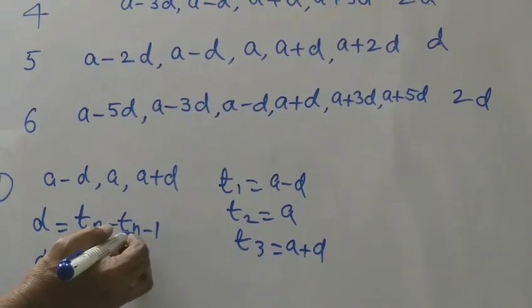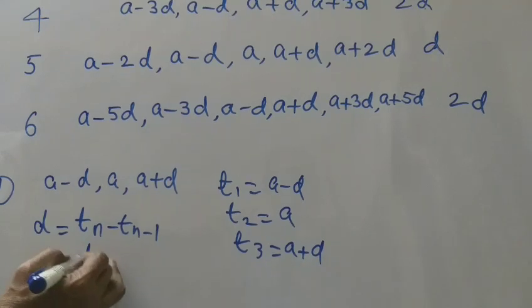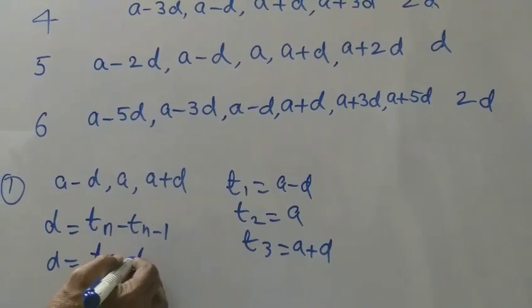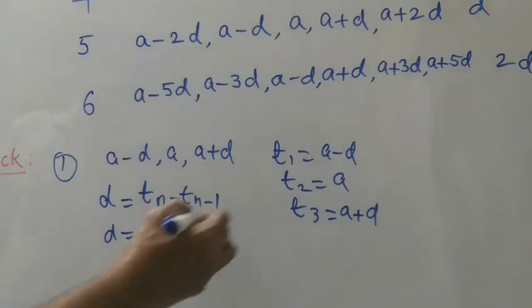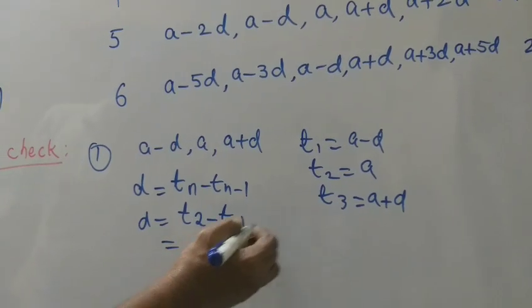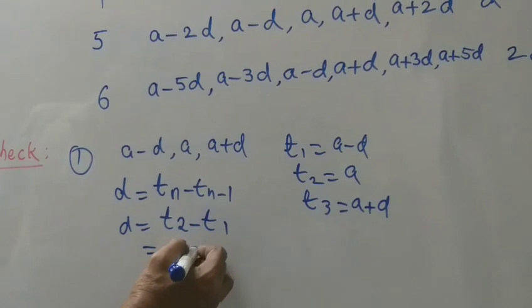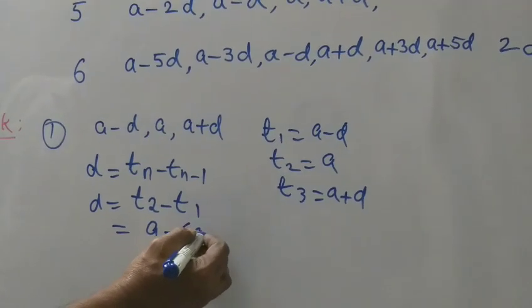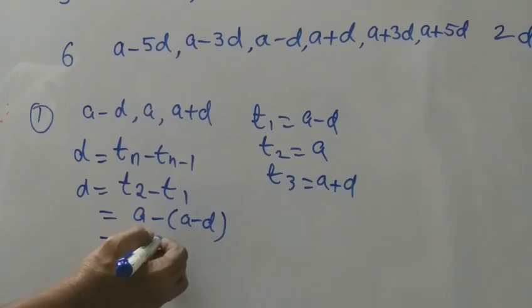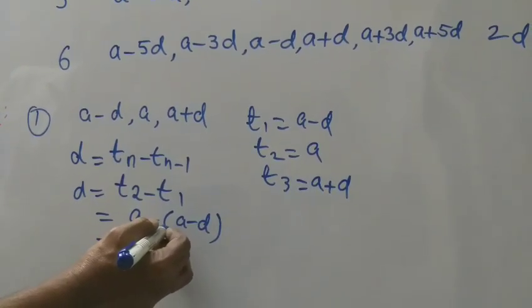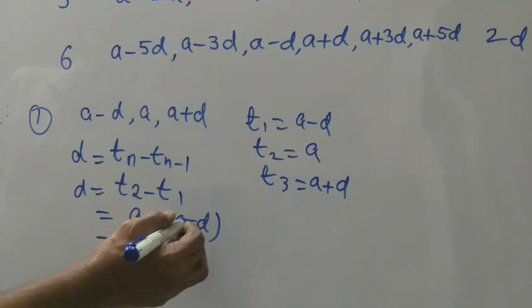It becomes t2 minus t1. So t2 is equal to a, and t1 is a minus d. On simplification, expanding this bracket, minus into plus is minus a, minus into minus is plus d.